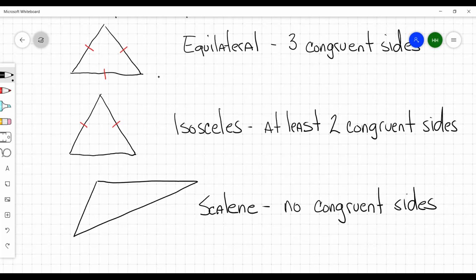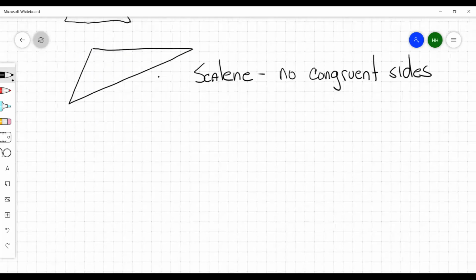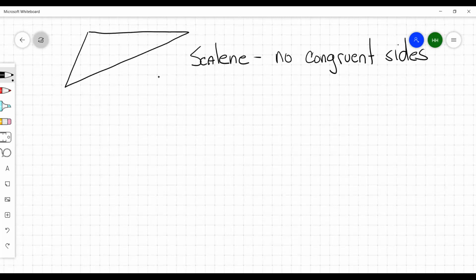Okay. So now let's find missing values. Find missing values. Find the measure of the sides of the isosceles triangle ABC.